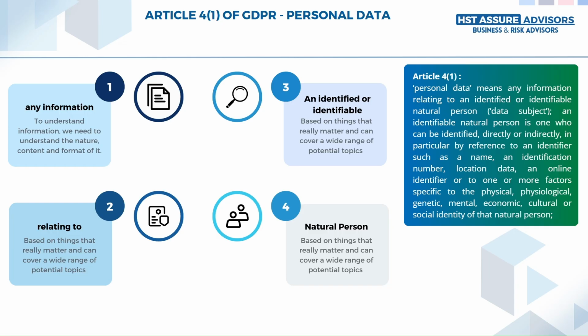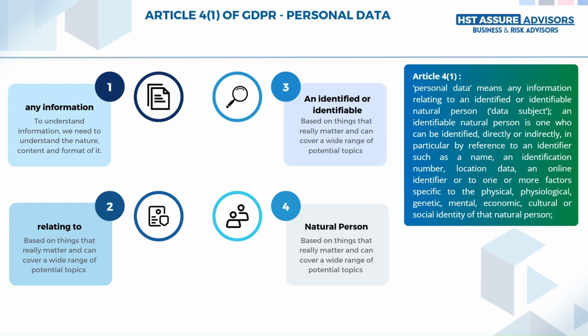First element, any information. This phrase signals an extremely broad scope. It is technology neutral and all-encompassing. Personal data is not limited to a name or an email address. It can be objective information, like a date of birth, or subjective information, like an opinion in a performance review.